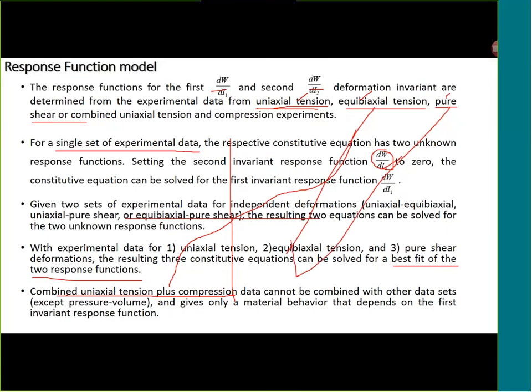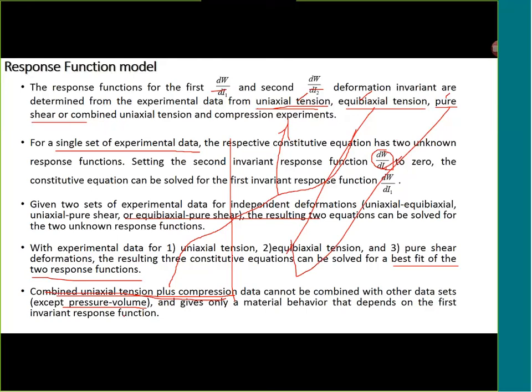If we have combined tension plus compression, only the volumetric test data is allowed to combine with that. We cannot combine anything else. If we want to combine uniaxial tension and compression, biaxial tension and pure shear, then we have to supply tension as a different test data and compression as a different test data. We cannot combine them into one single test data.